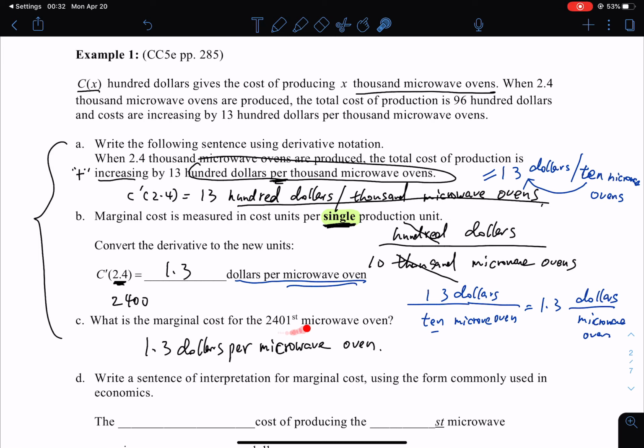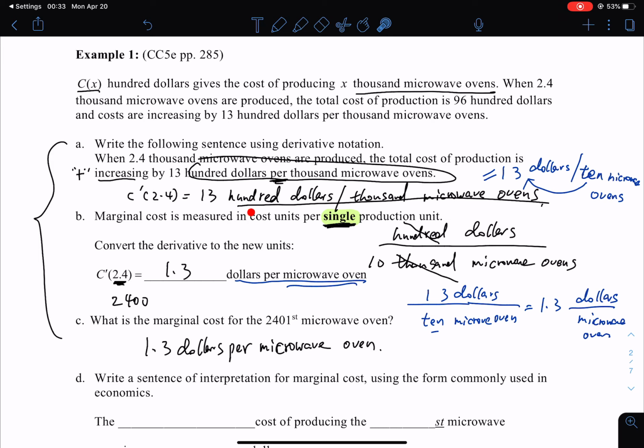If we are not given A and B, we are given C directly and asked what the marginal cost is for this one. From here, we know we have to solve for C prime of this one minus 1, which is 2,400. And because the unit is 1,000, we have to transfer it to 2.4. So the original question is what is the C prime of 2.4?